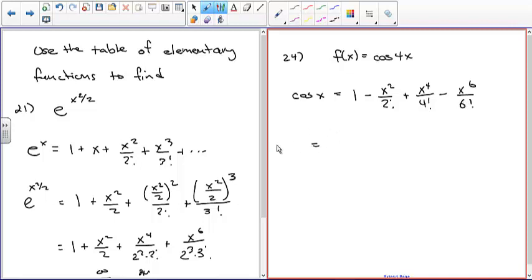So all we have to do is, the cosine of 4x is going to be 1 minus 4x squared over 2 factorial minus 4x to the 4th over 4 factorial minus 4x to the 6th over 6 factorial.